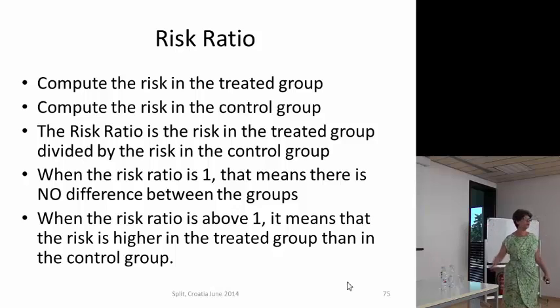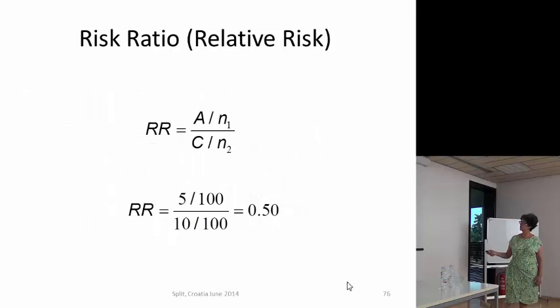But when you're dividing, right, if you divide one thing by itself, you get 1. So with a risk ratio, 1 means no difference. So risk difference, 0 means no difference between the groups, and a risk ratio, 1 means no difference between the groups. When the risk ratio is above 1, it means the risk is higher in the treated group than in the control group. Okay?